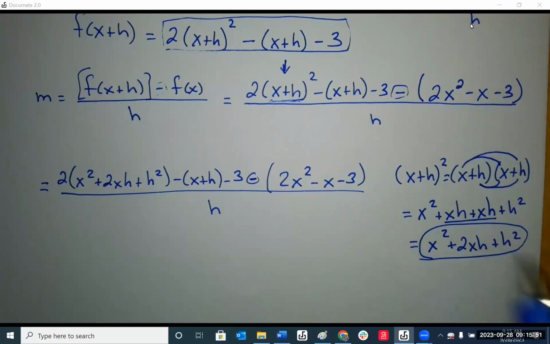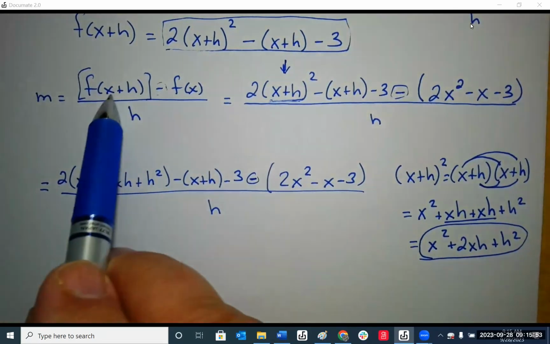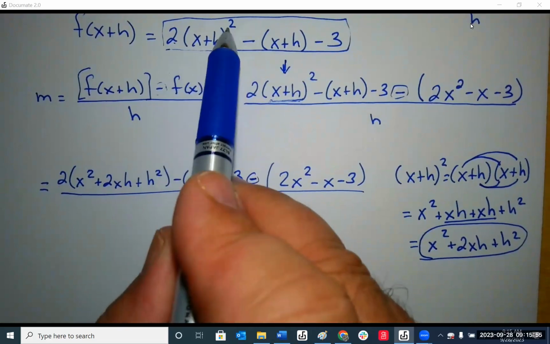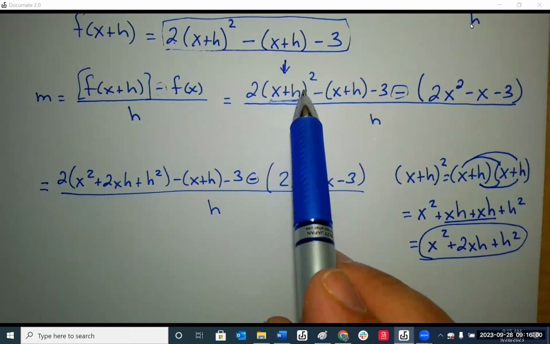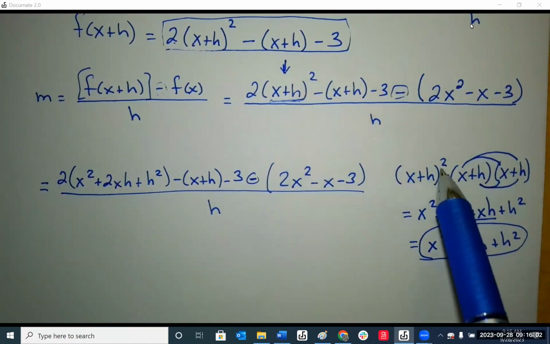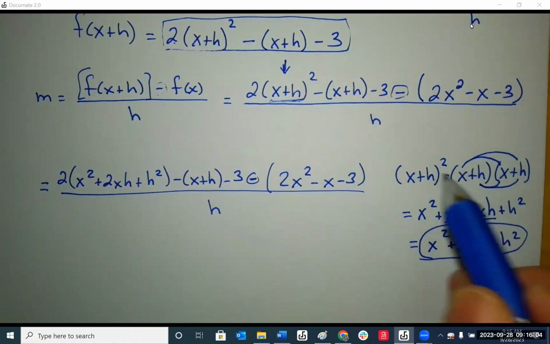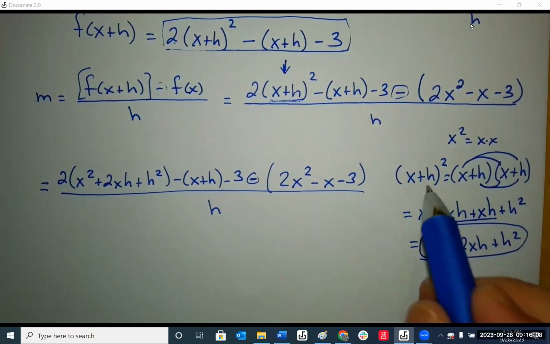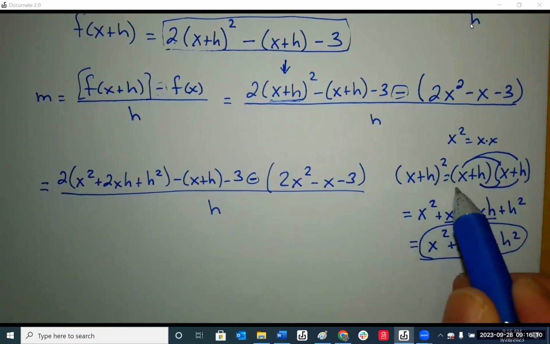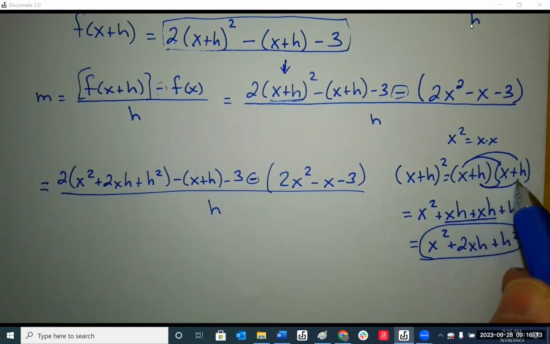This one here? Because here you have 2(x + h)². We got rid of the square because what square means, if you have x², that means x times x. So if you have (x + h)², that's (x + h) times (x + h).